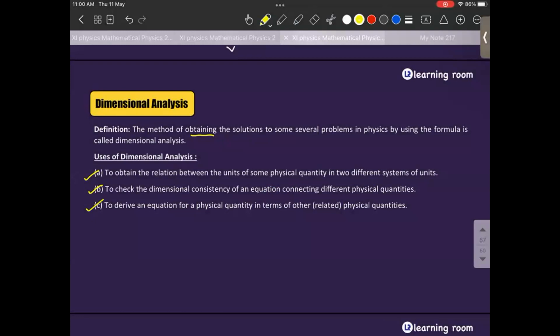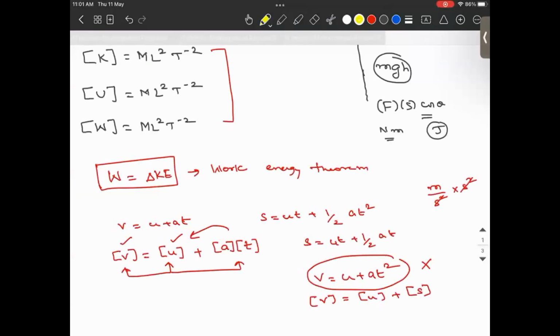For example, if this V is equal to U plus AT is there, you can actually derive this using dimensional analysis also.